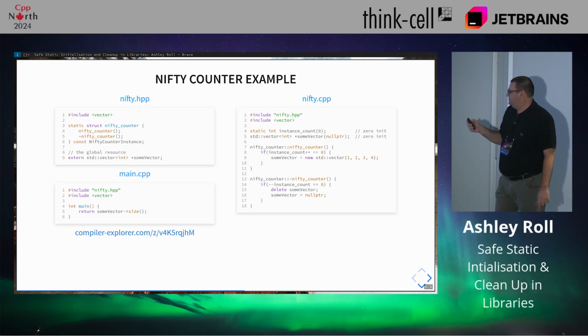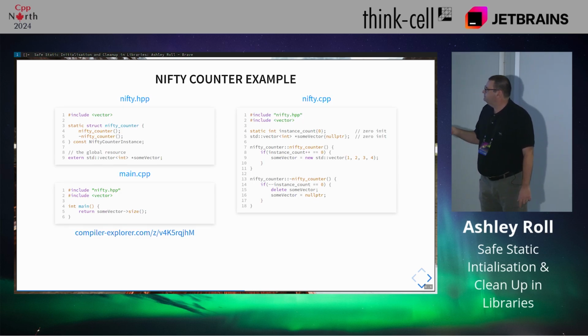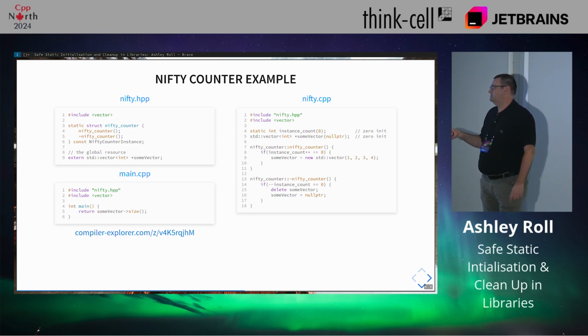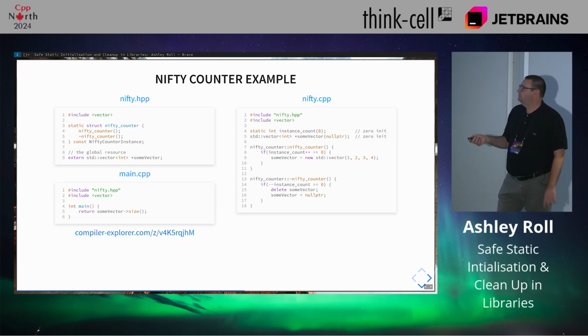So for the nifty counter example, we have a simple counter and an instance, and say we want to have a global resource which is some vector of events, just as an arbitrary type. So obviously we use it by including the nifty counter header, and we can access our vector, because at this point we've included this object which has been initialized before our code can run.